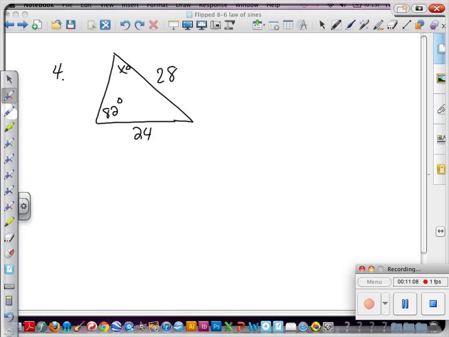Do I have an angle and a side opposite relationship going here so I can use the law of sines? I do. 82 and 28 are opposite of each other. So I write sine 82 over 28 equals angle x and 24 are opposite.